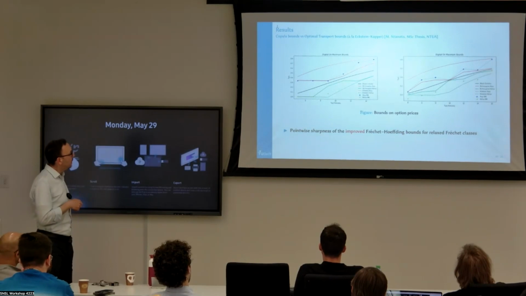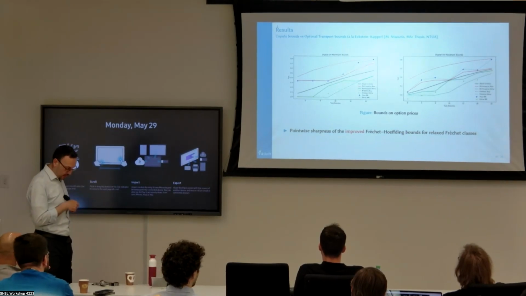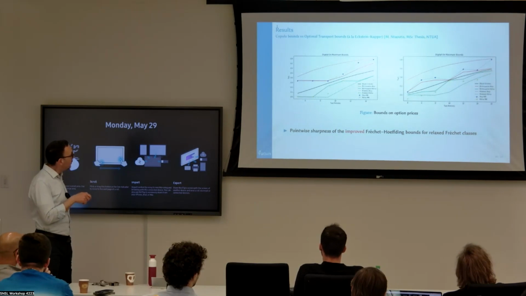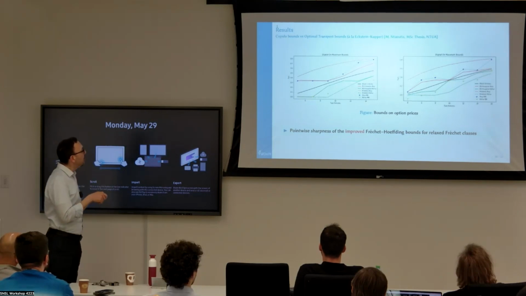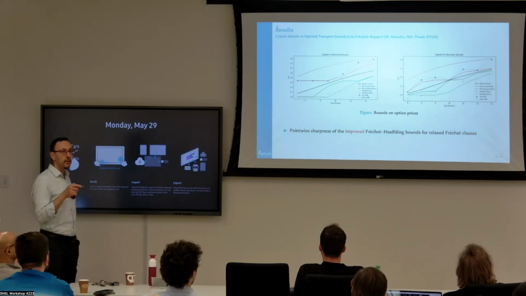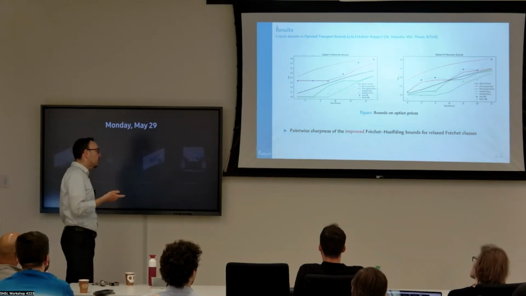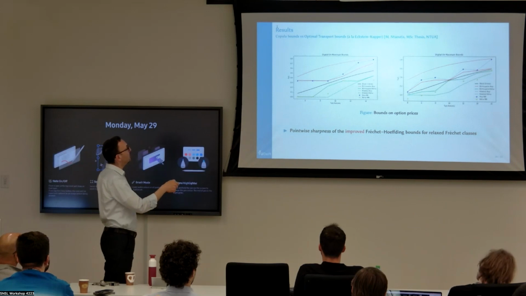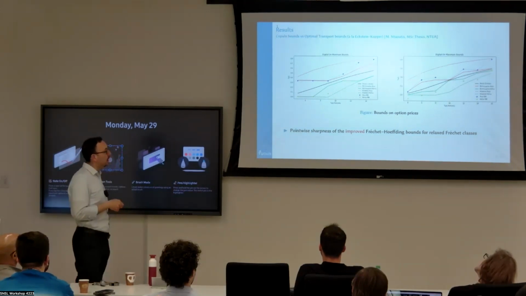The discontinuous lines are the classical Fréchet-Hoeffding bounds. The continuous lines are the improved Fréchet-Hoeffding bounds in this case. And what you get from this line here and this blue line here is the solution of this transport problem using a method that was developed by Stefan Eckstein and Michael Cooper.